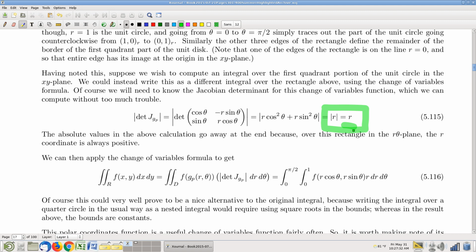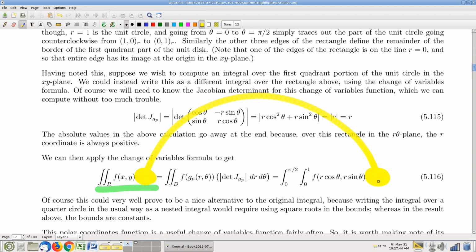And so, if you want to do an integral in the xy plane, that dx dy just turns into stretching factor r times dr d theta, and everything else is just a matter of thinking about the bounds on the pullback domain. You just have to figure out what that pullback domain is, and you're going to have a new kind of integral to consider.